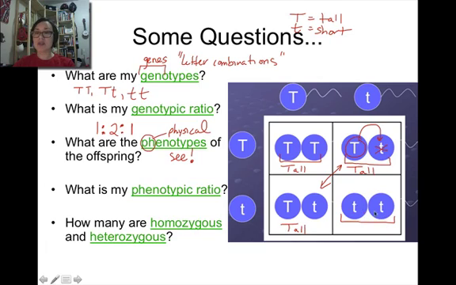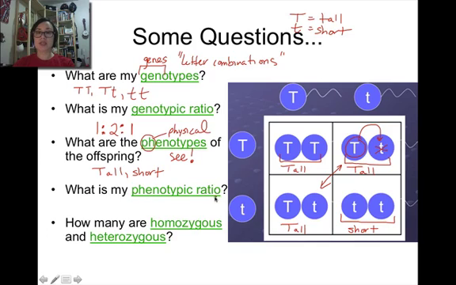And then lastly, I have little t, little t. So the only way to see the recessive allele or the recessive trait is to have 2 lowercase letters. So I do have a box where it's possible in my Punnett square for these two parents to make a baby that is short. So what are my possible phenotypes? It's possible for them to produce tall offspring, but it's also possible for them to produce short offspring.